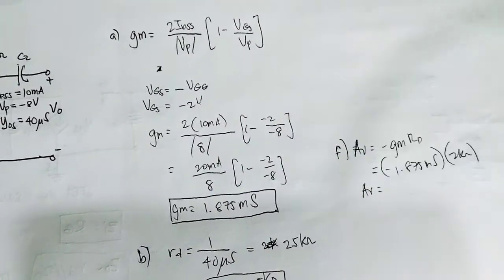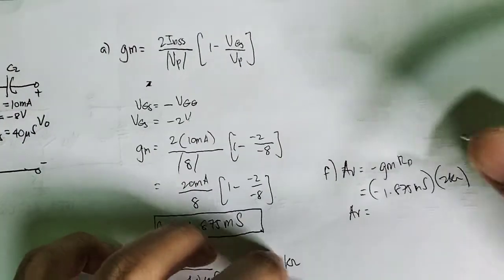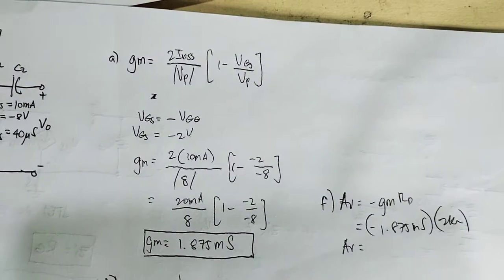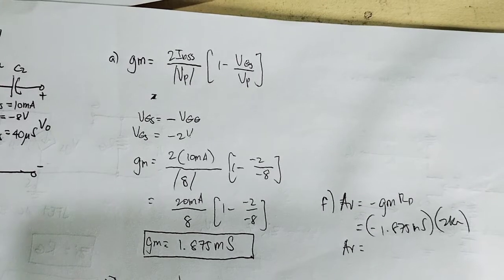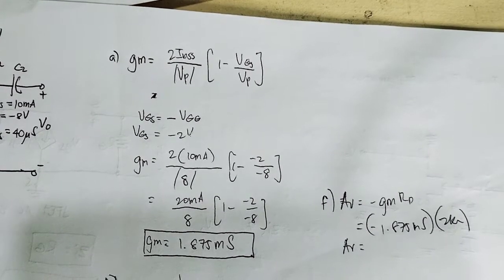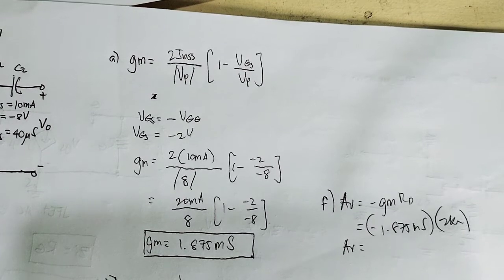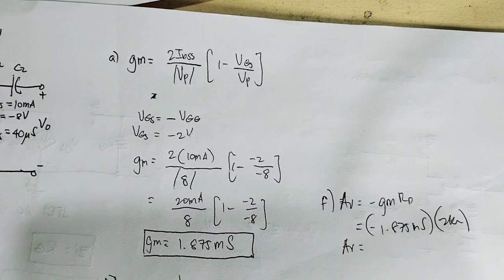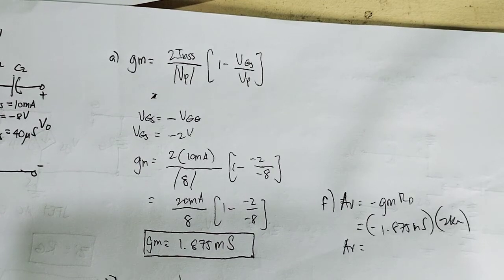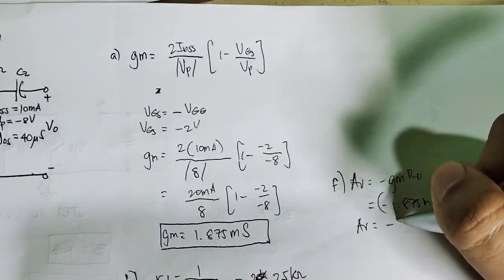So voltage gain is equal to negative 3.75.